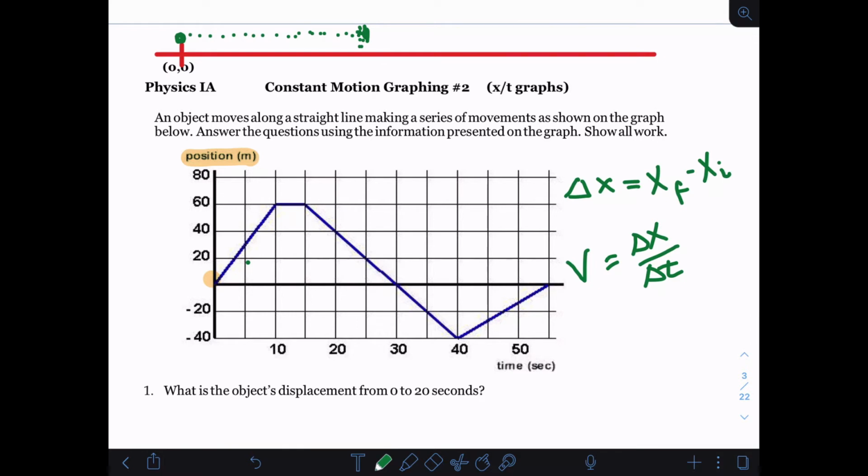At 15 seconds, and then 20 seconds, 25, 30, 35, boom, 40. So we move this way, we pause, we move back. So think of this motion down here as relating the motion as time goes on.